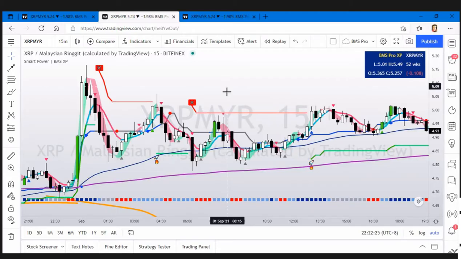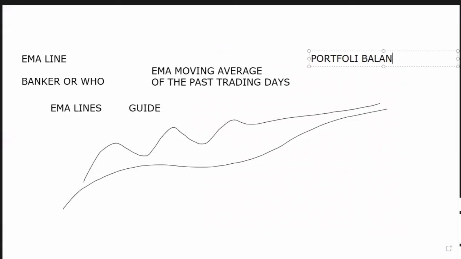If you look at the funds report, the bank gives you the growth stock report, and they will give you the portfolio of stocks they hold positions in. What the bankers usually do is portfolio balancing.